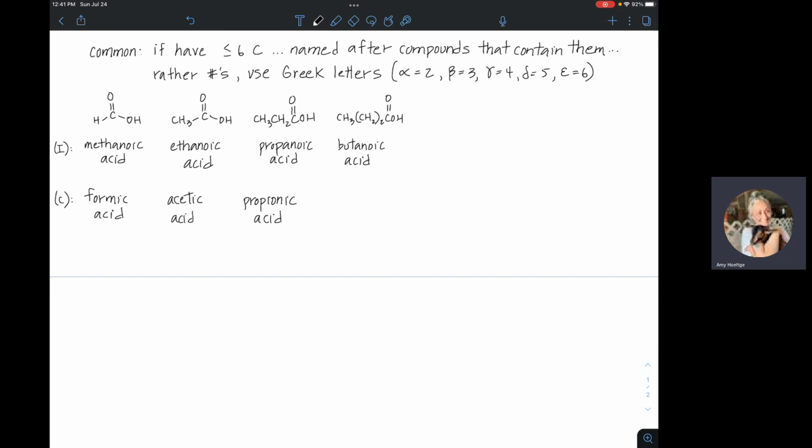The common nomenclature for this, it's actually named after the Latin word for butter, which is butyrum. Oops, I'm writing butyrum. It's butyric acid. So butyrum is the Latin word for butter.